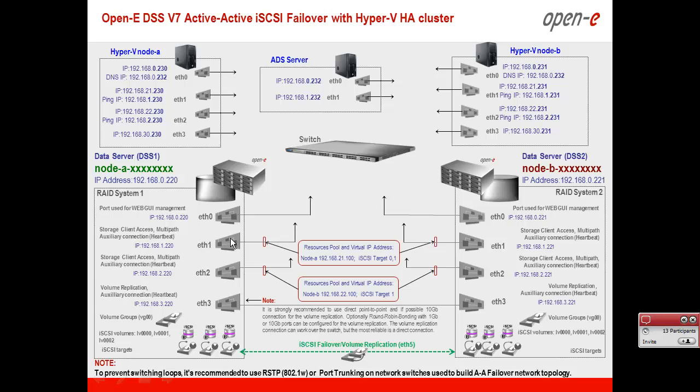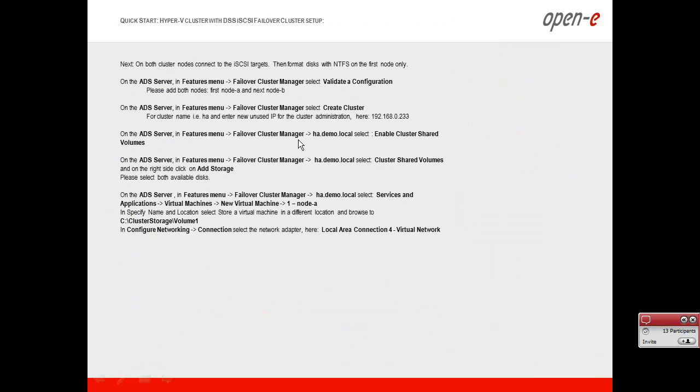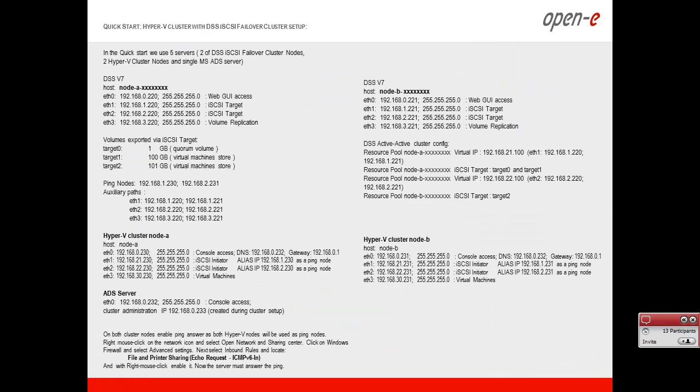The iSCSI target is exported here in our setup over ETH1 and 2, that's 1-220 and 2-220 on the left side, and 1-221 and 2-221, in subnet 1 and subnet 2. So you see the ping nodes are always in subnet 1 and 2. Of course, the IP must be unique. Okay, that's our setup, and let us come back to our quick start.